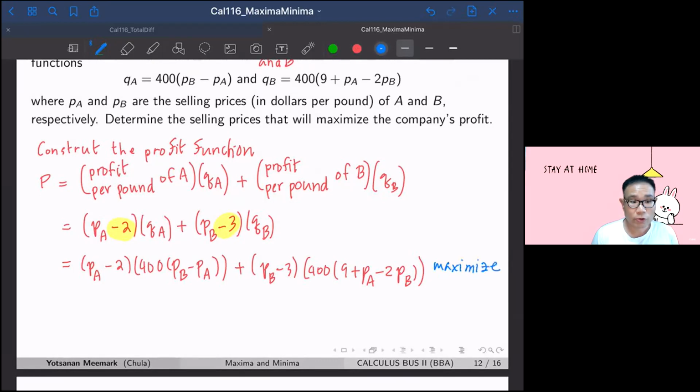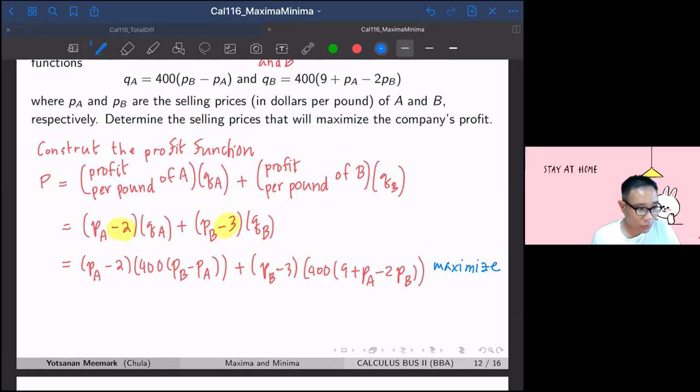So we need to proceed by finding the critical point of this function. You'd like to know the PA and PB that will maximize your profit. So in this case, you're gonna differentiate with respect to PA and differentiate with respect to PB.